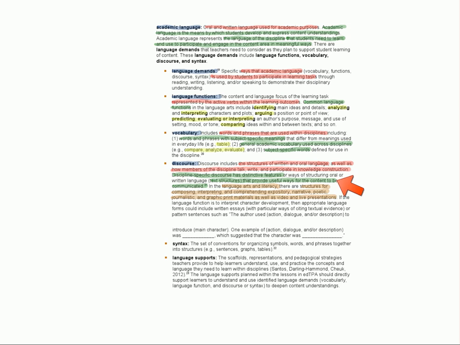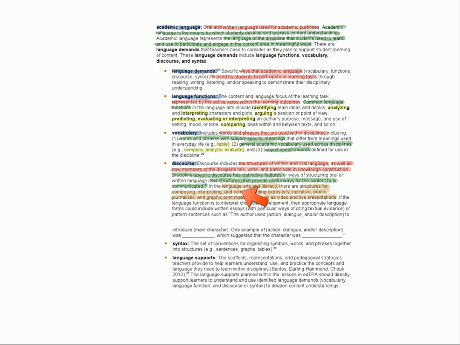Okay, so discipline-specific discourse has distinctive features or ways of structuring oral or written language that provide useful ways for the content to be communicated. All right? So they use the term text structures, which is discipline specific in and of itself, which is a little bit ironic.